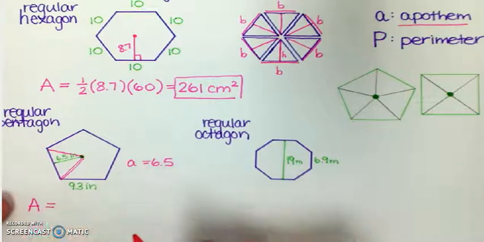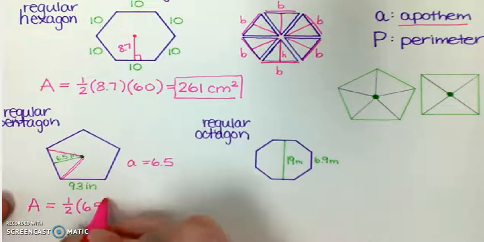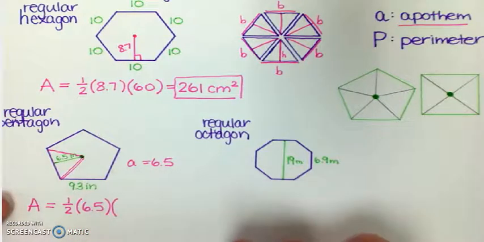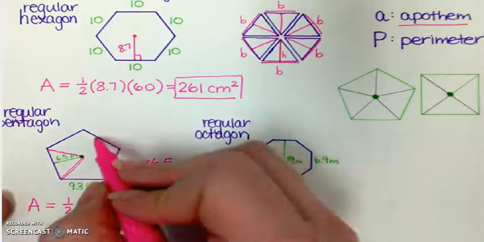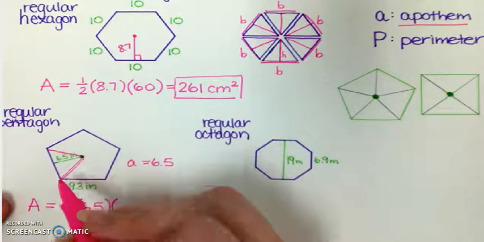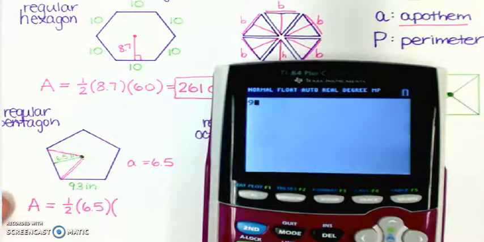The area of a regular polygon, 1/2 apothem perimeter. So perimeter would be 9.3 plus 9.3 plus 9.3 plus 9.3 plus 9.3, or 9.3 times 5.